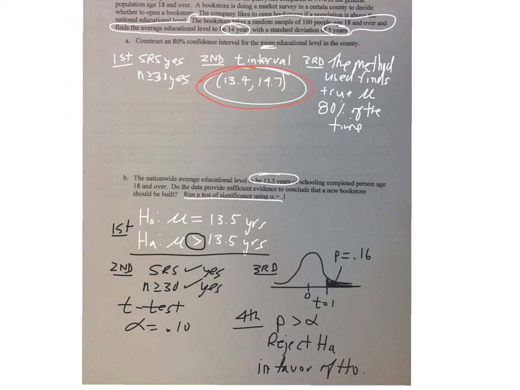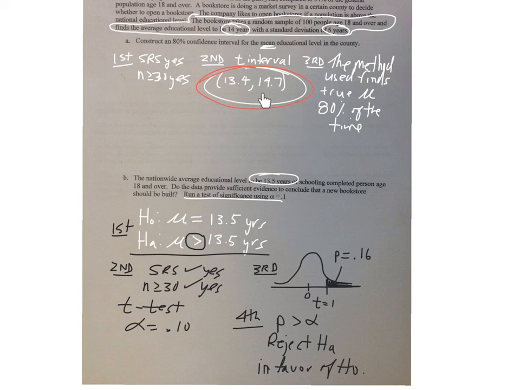So in taking a step back and looking at this entire page, if you take a deeper look, you can see that the answers to both Part A and Part B do agree with each other. In Part B, we just found out that we are in favor of the idea that the average from the area does match the true average from nationwide.